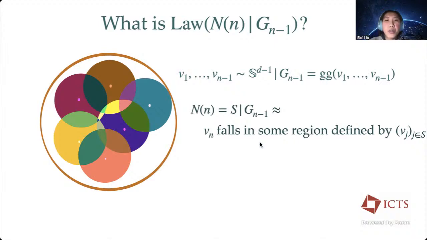Okay? So essentially, the distribution of the neighbor of n is really just for us to understand what the size of this shape looks like. What's the area of this shape on the sphere cap?